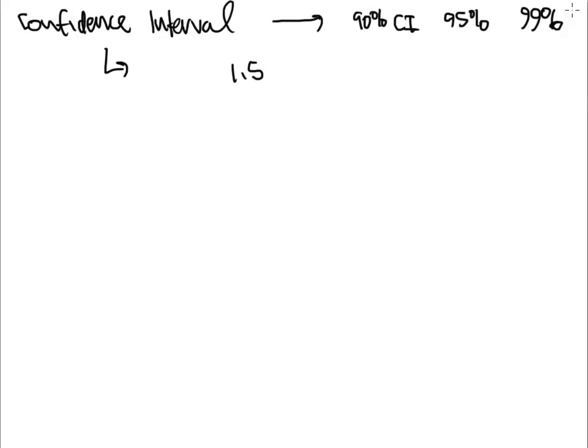That's how you need to interpret the intervals. 95% confidence interval. You're 95% sure about the number. There's a 5% chance that you're wrong. 90%, there's a 10% chance that you are wrong. Okay, so as you can see, the higher the confidence interval, the more trustworthy the number's going to be.